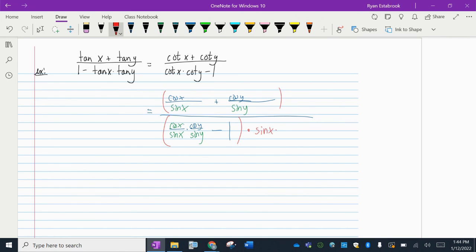Sine x, sine y. How do you run a marathon? One step at a time. How do you finish a problem? Sometimes just one step at a time. So times this, times this. What does this accomplish for us?